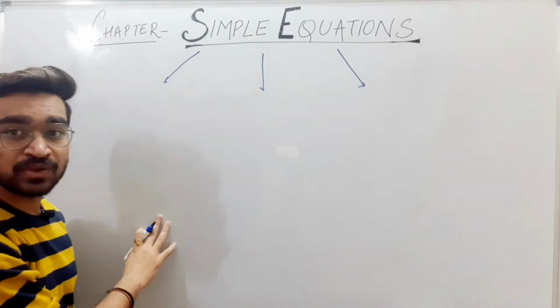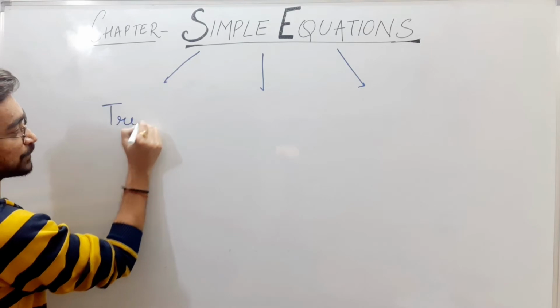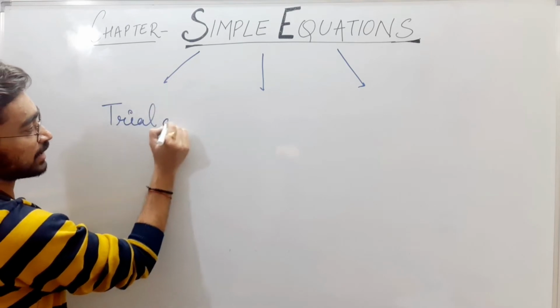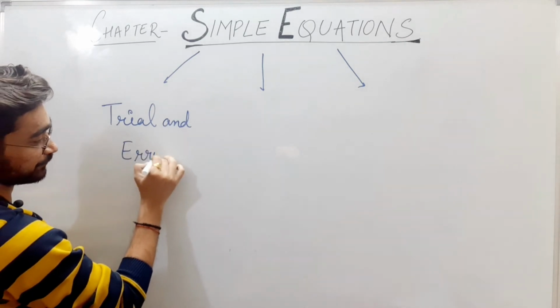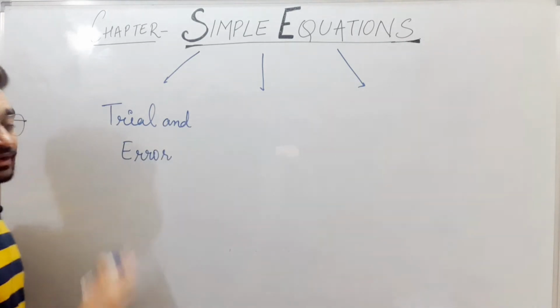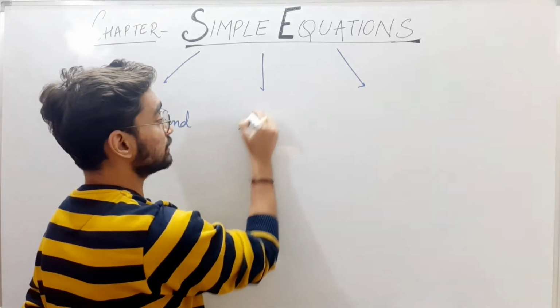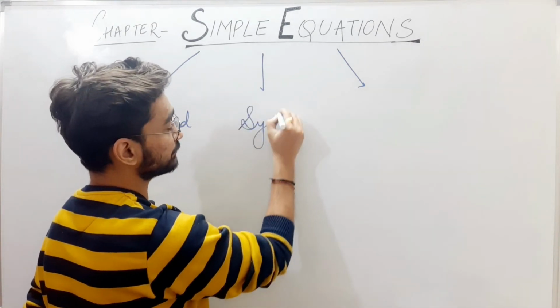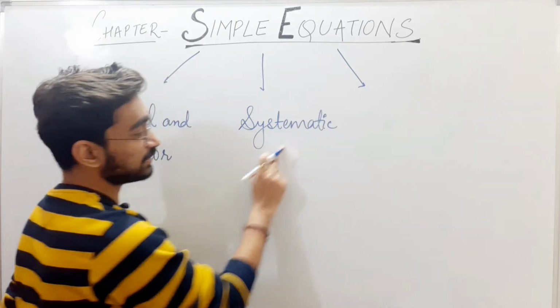The first way of solving this equation is the trial and error method. The second one is the systematic method.